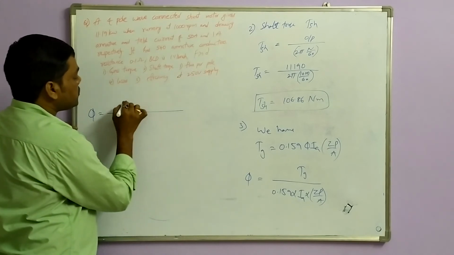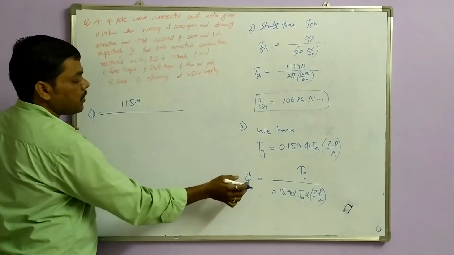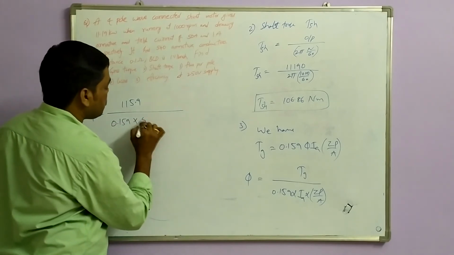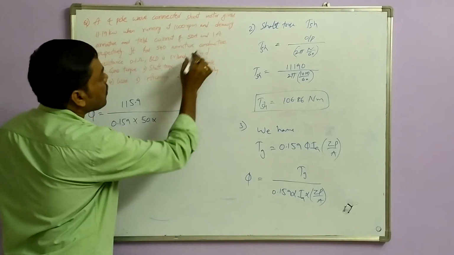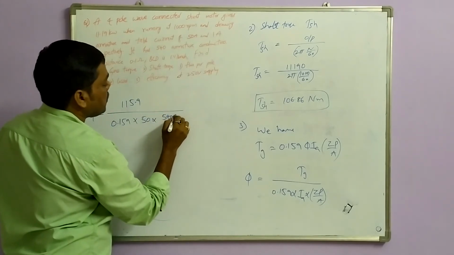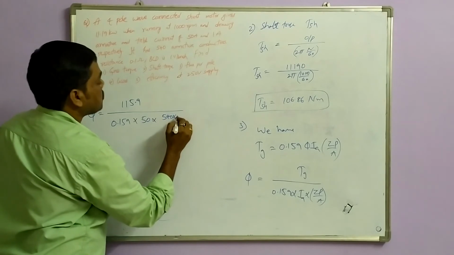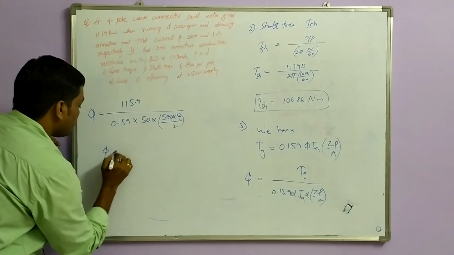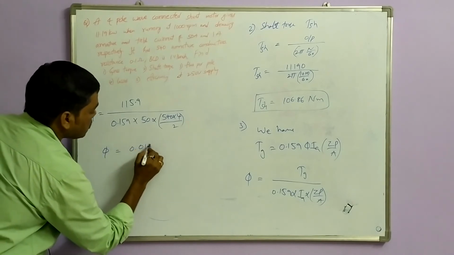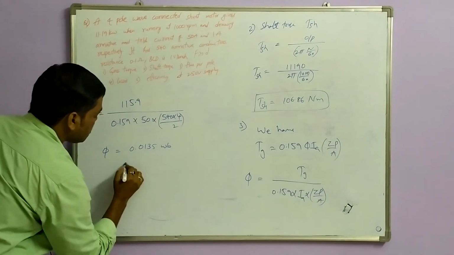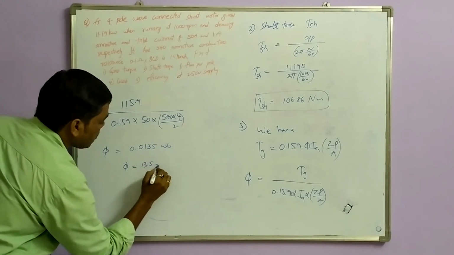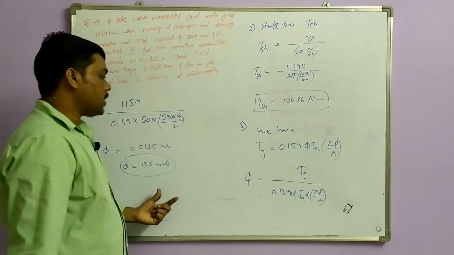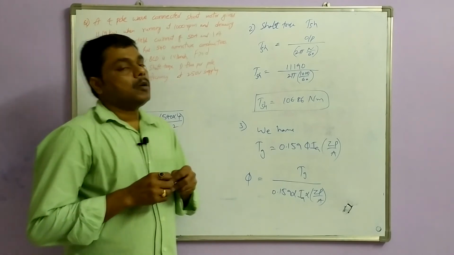So what is the value of Tg? 116 divided by 0.159 into Ia is 50 and Z, number of armature conductors 540 and number of poles 4 divided by parallel paths 2. So you may get a flux value around 0.0135 Webers, nothing but 13.5 milliwebers. Now this is the value of flux you are getting in this motor.